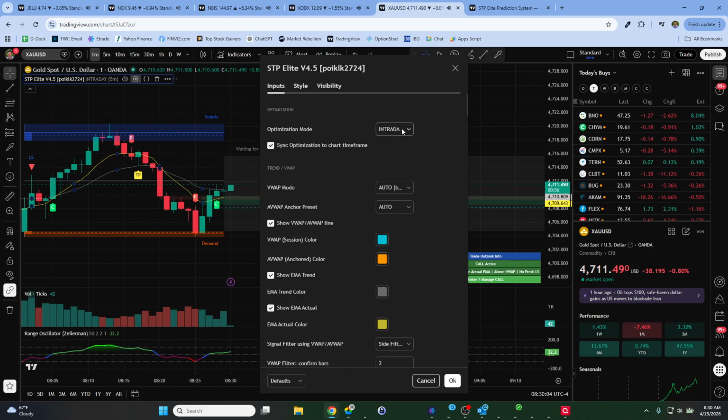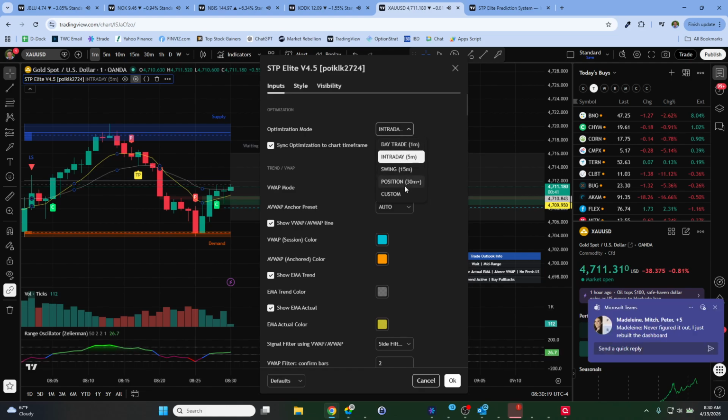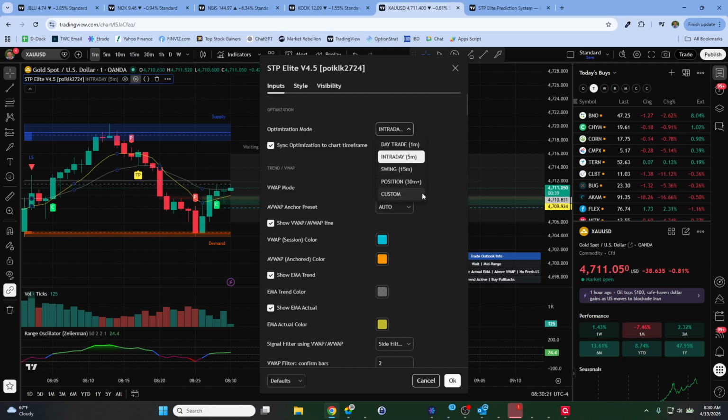I also built these optimization modes in here. So right now with this button clicked, sync with optimization to chart timeframes, I don't have to come in here and change all these values and pick the optimization mode that I want. It's actually predefined for you.